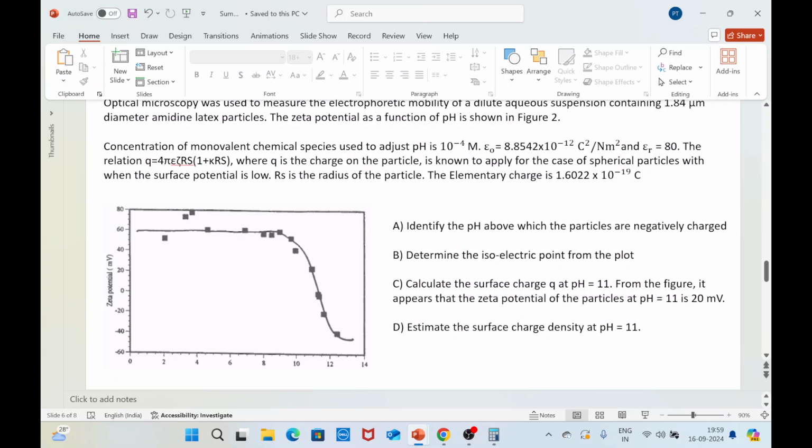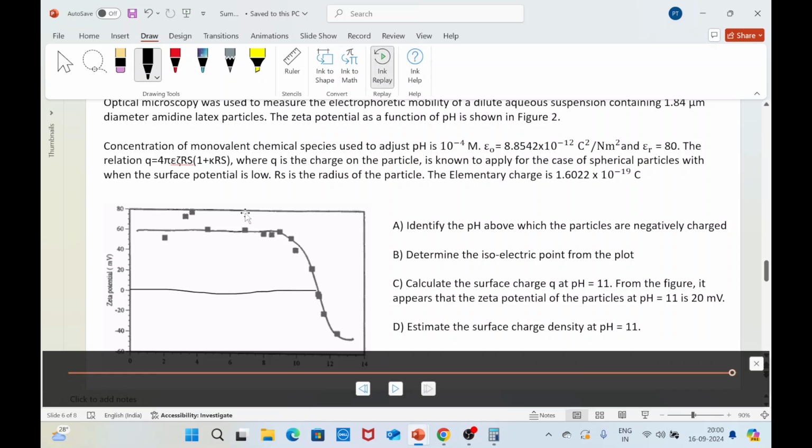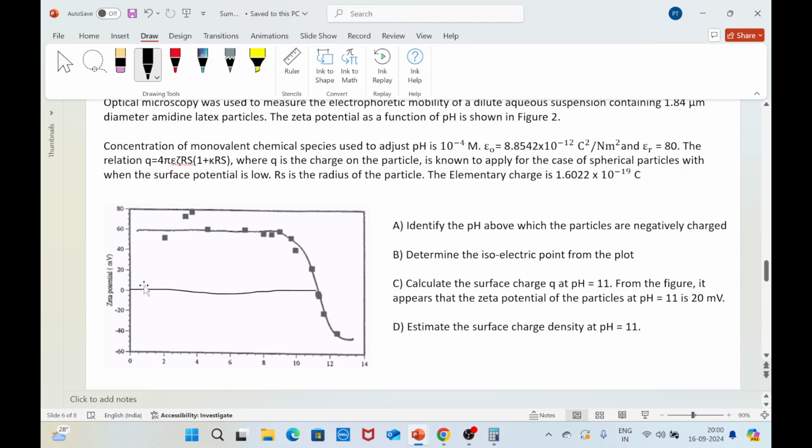For the particles to be negatively charged, their zeta potential must be negative. So if you have to determine the pH, it is simple. You just need to draw a line at zero zeta potential.